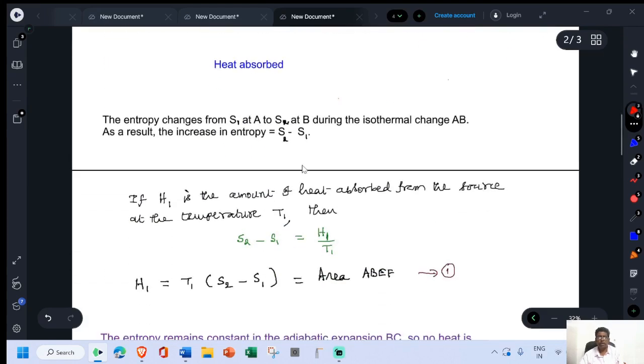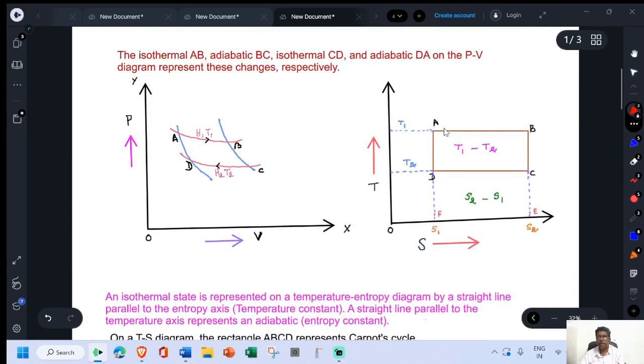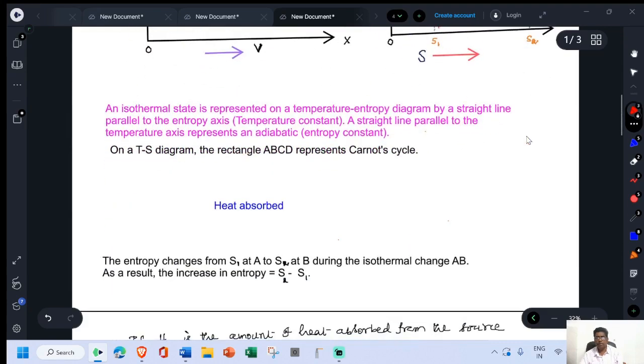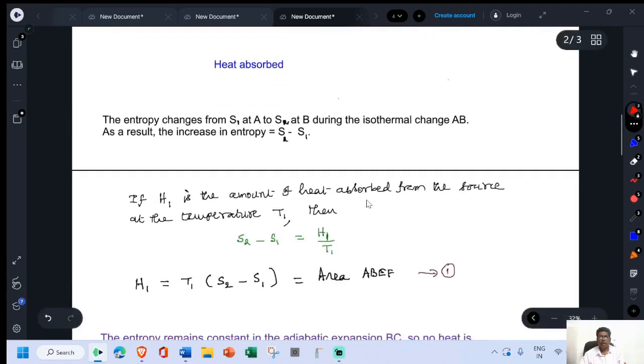Now read out this. The entropy changes from S1 at A to S2 at B during the isothermal change AB. The value of entropy is S1 at the point A, and the final value of the entropy is S2 at the point B. As a result, the increase in entropy is equal to S2 minus S1.